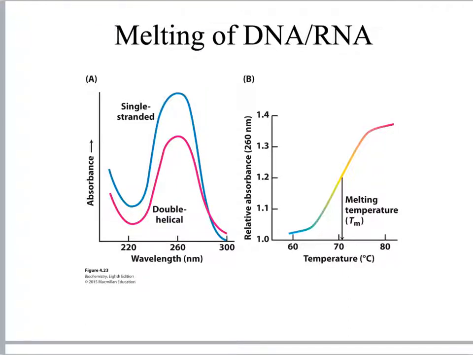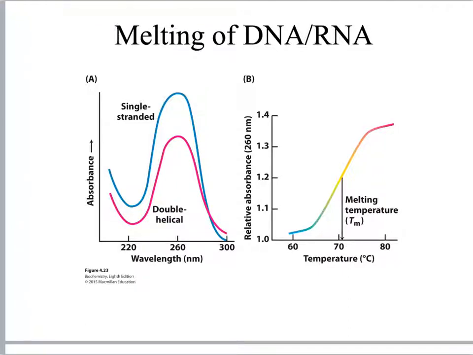Remember that our structure is held together by intermolecular forces, by hydrogen bonds and by van der Waals interactions. If we increase the temperature, remember from your Gen Chem days, you can weaken those intermolecular forces and start to separate these. We call the process melting because there's some temperature where there's going to be an abrupt change in the conformation.